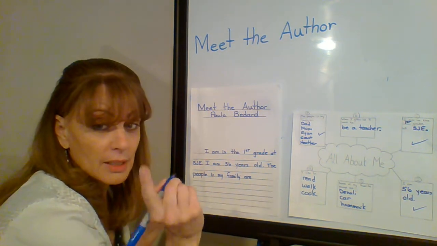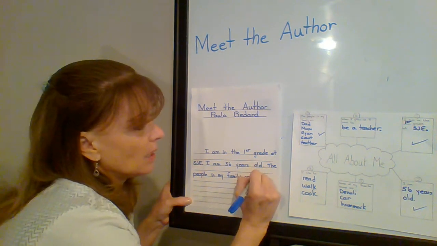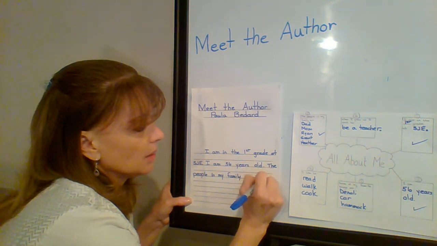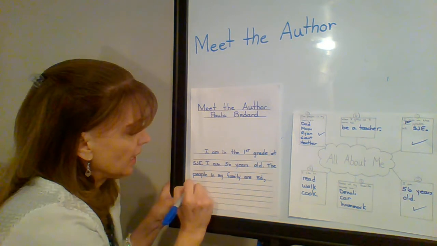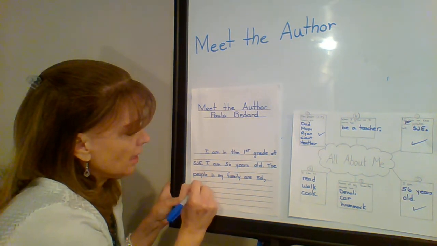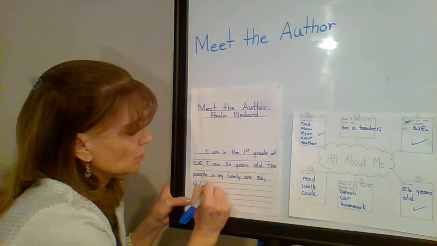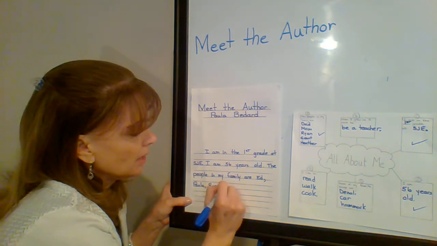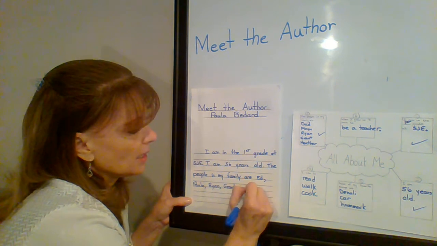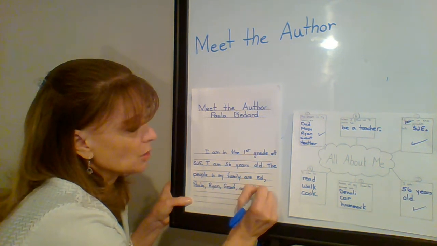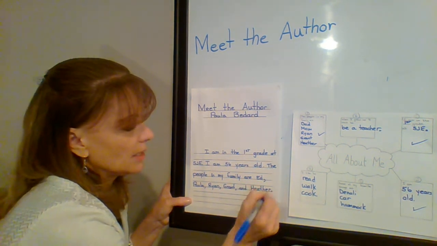You're going to put Mom and Dad. Are Ed, comma, remember things in a series? Skip a line. Paula, comma, Ryan, comma, Grant, comma, and Heather. Remember, and goes in front of the last person, and then a period.